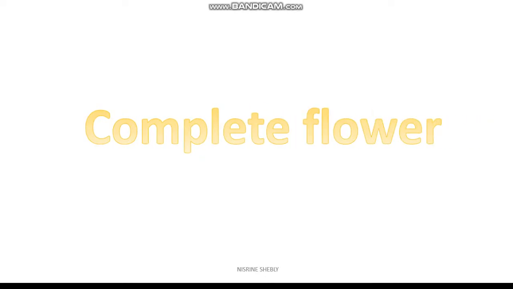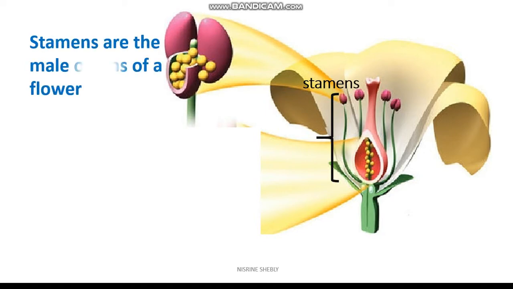We have two types of flowers: complete flowers and incomplete flowers. First type is complete flower. Observe this flower. It carries stamens and pistil at the same time. The stamens are the male organs of a flower.